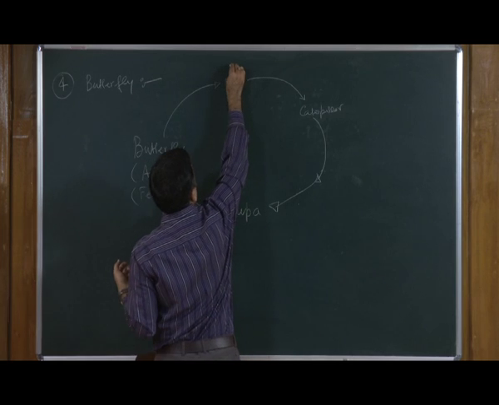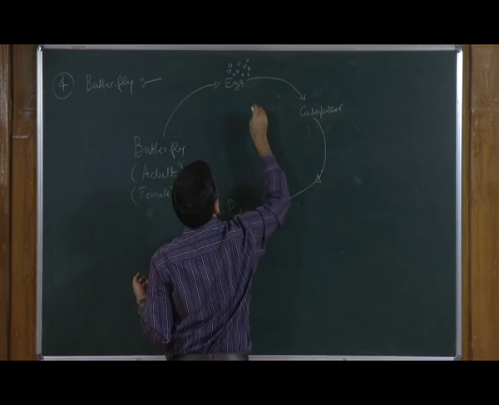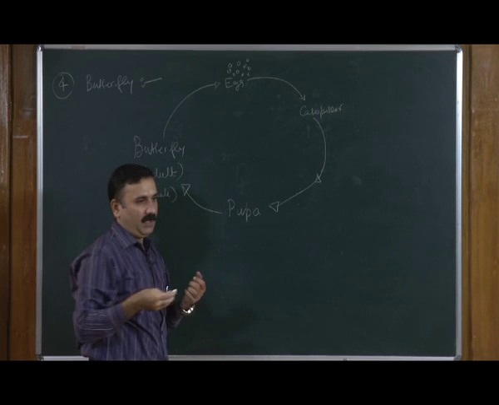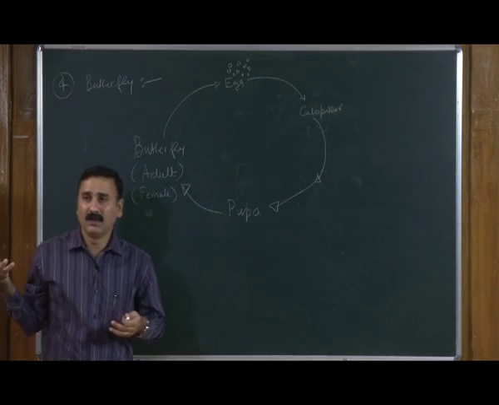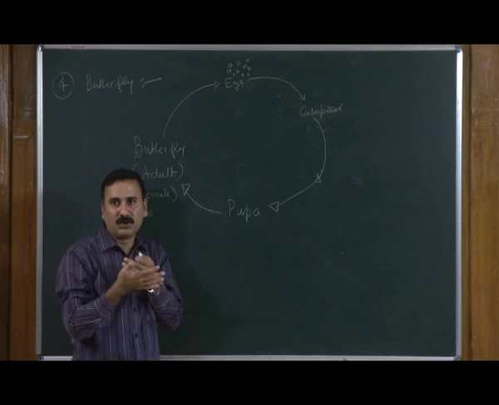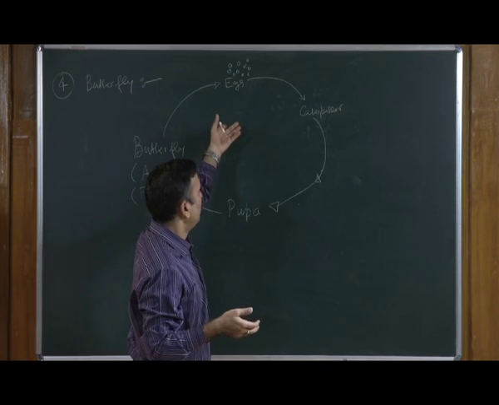So, it is laying eggs, and these eggs are normally being attached to a surface, mostly the leaves, and then these eggs grow and become the caterpillar.